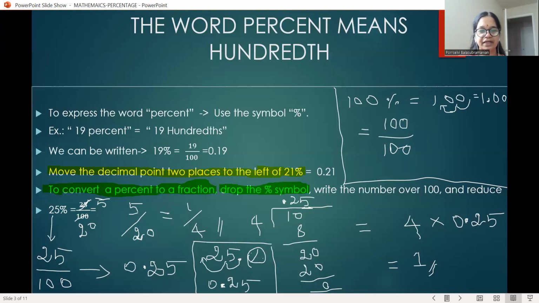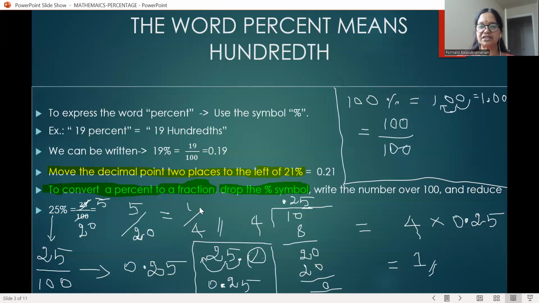So here I'm choosing number 5, because 5 is common to both 25 and 100. How many 5s are there in 25? 5 times 5 is 25. In 100, there are 20 fives. So when you simplify 25 divided by 100, we get 5 divided by 20. Again, simplify this, and at the end we get 1 by 4. 1 by 4 is the final value.